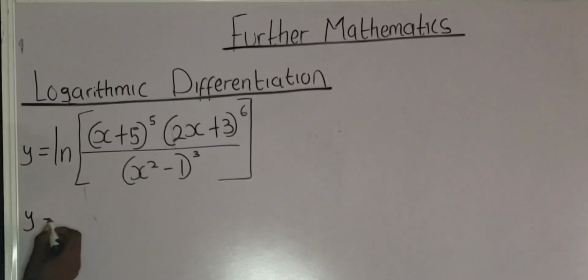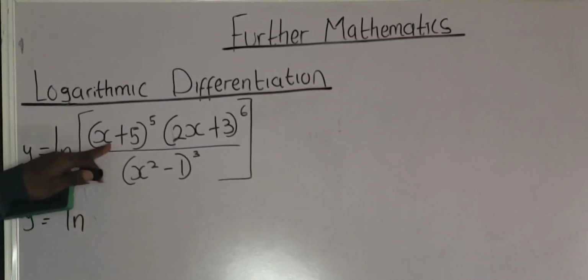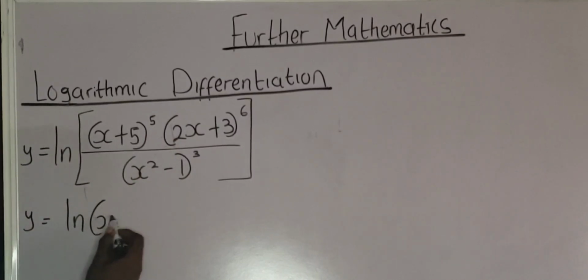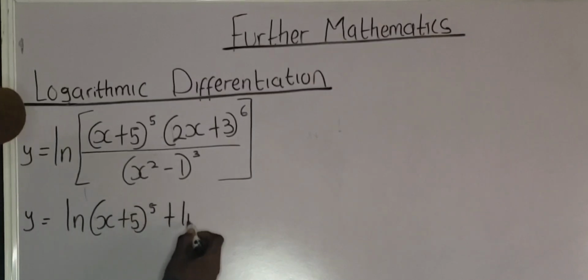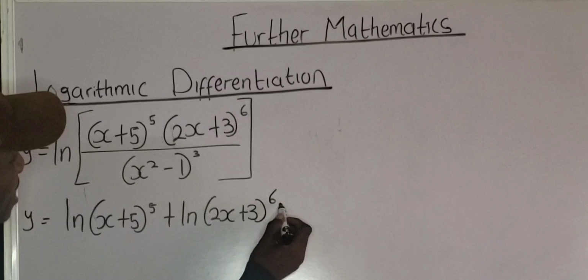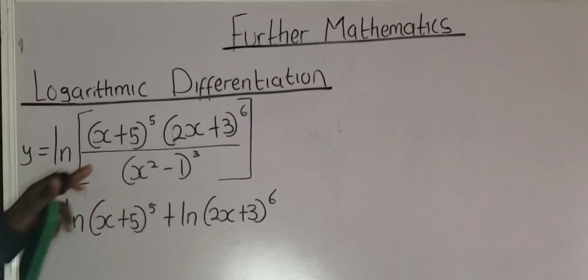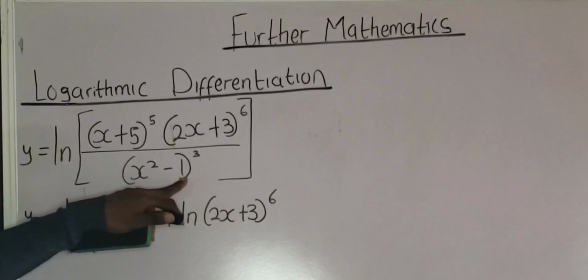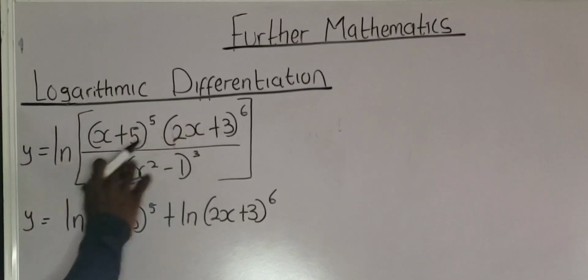Don't forget, y can also be written as the natural log of, because we have a product sign between this numerator, ln (x plus 5) raised to the power of 5 plus the natural log of (2x plus 3) raised to the power of 6. Do you understand? The sign between this numerator and the (x squared minus 1) raised to the power of 3 is a quotient sign.